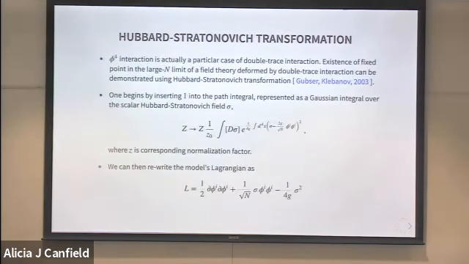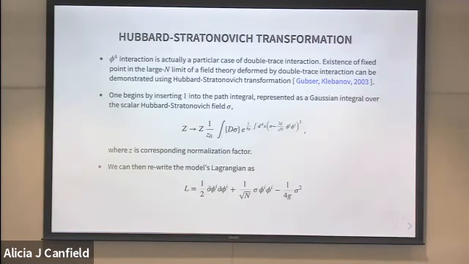In particular, it's not by accident that I mentioned before this general paper talking about double trace deformations, and they use the Hubbard-Stratonovich transformation to illustrate what happens to the scaling dimension of some general operator O when you flow from the UV to the IR.